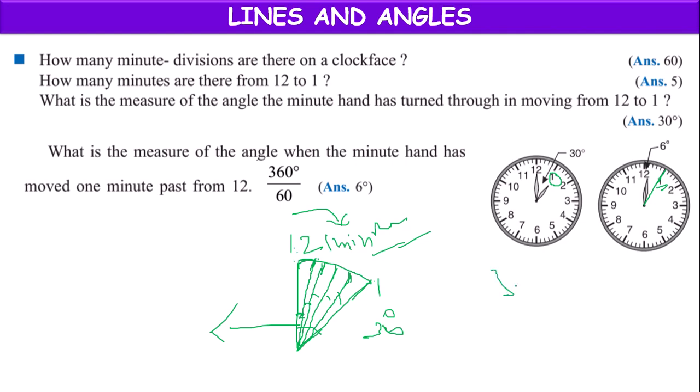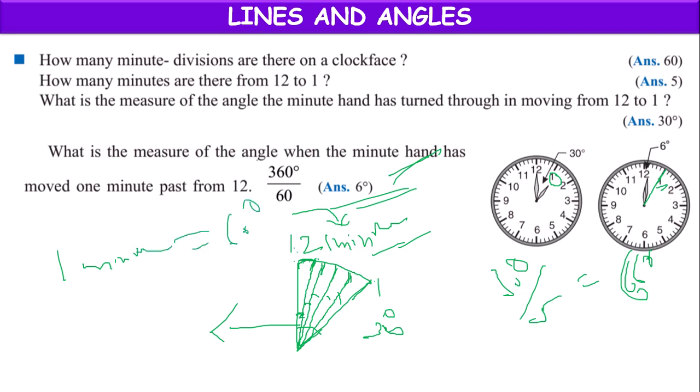Now each arc will be equal to 30 degrees divided by 5, equal to 6 degrees. So 1 minute will make an angle of 6 degrees. And 5 minutes will make an angle of 30 degrees.